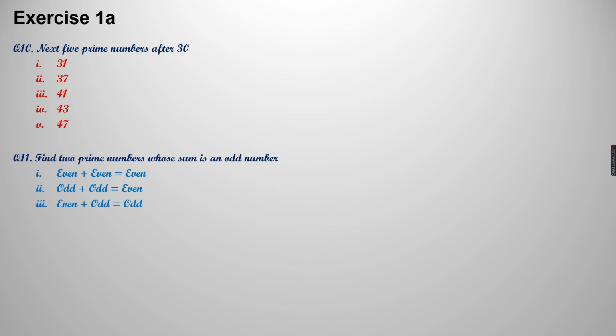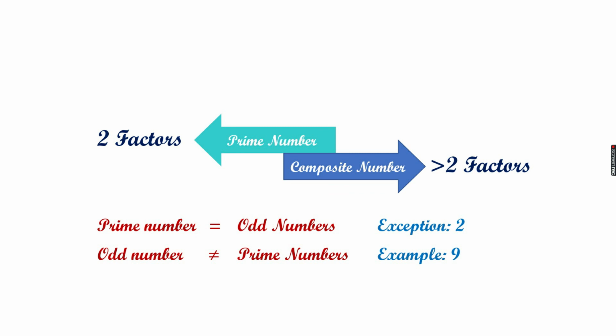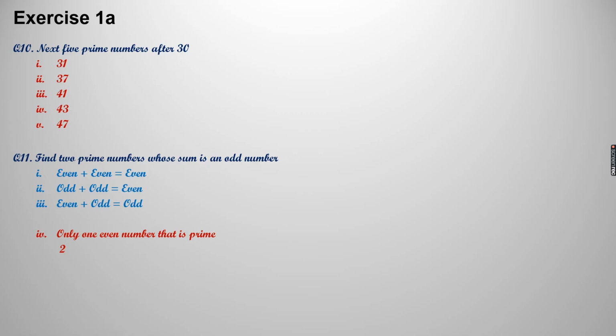But when you add an even and an odd number, the resultant answer is an odd number. Remember, the only exception that I gave you, that all the prime numbers are odd numbers except for one. Which number was that? That was 2. So only 2 is the even number that is the prime number.